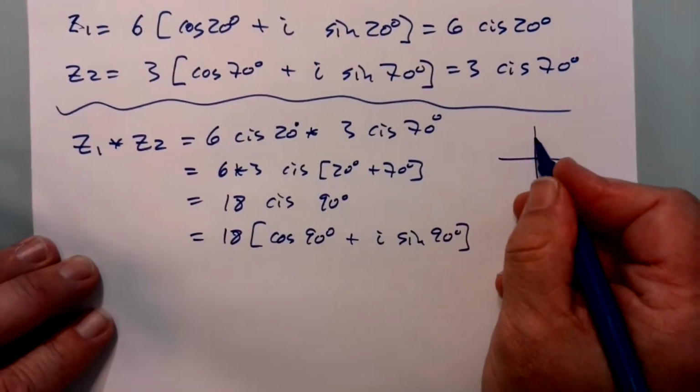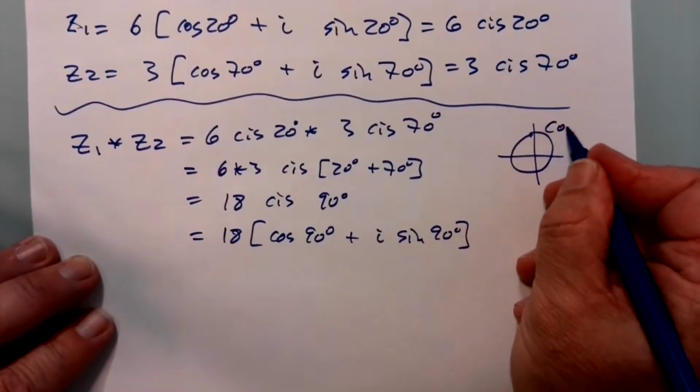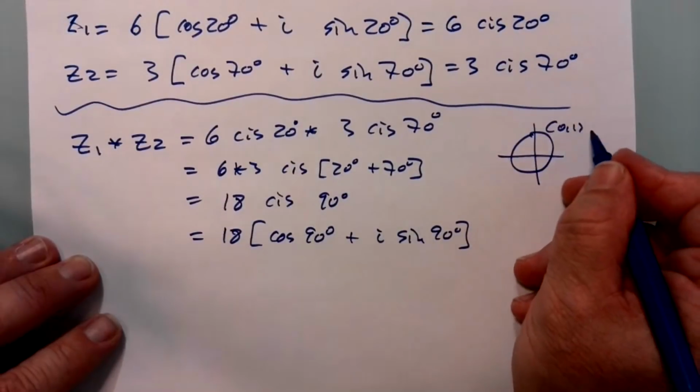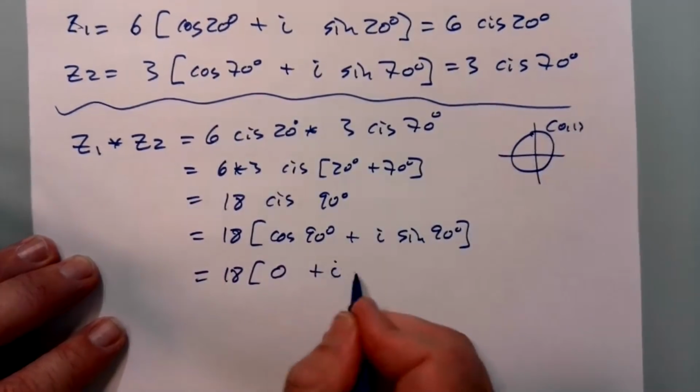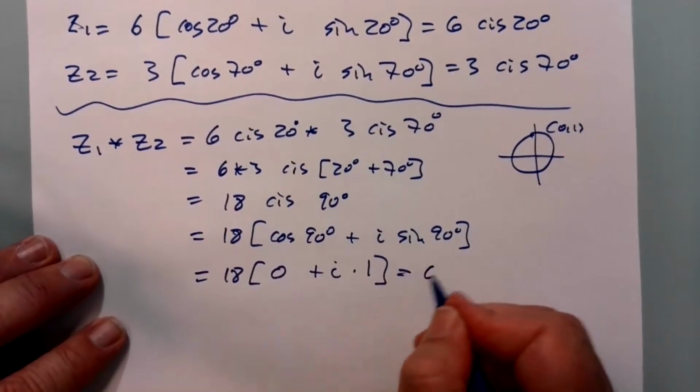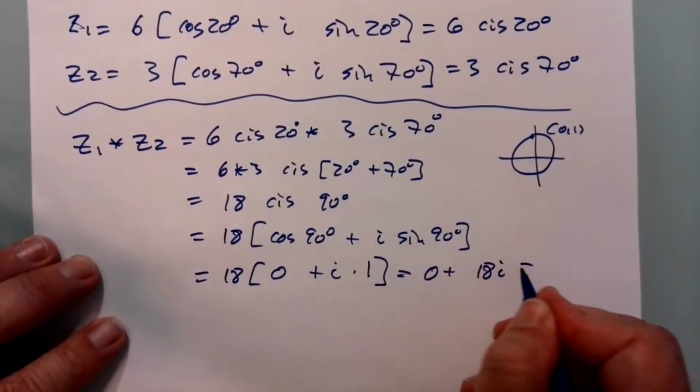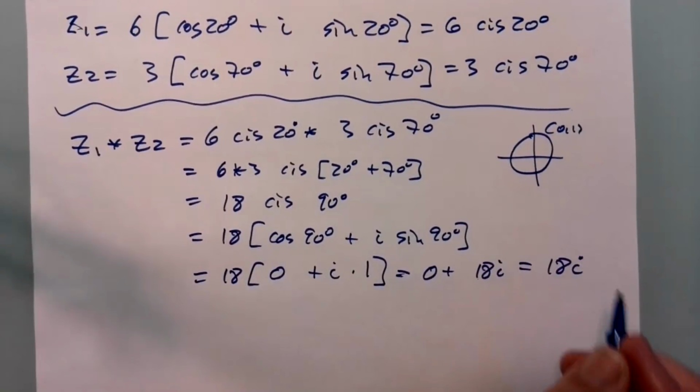Let's remember, where's 90 degrees? It's here. It's the point 0, 1. The cosine is 0. The sine is 1. So this is 18 times 0 plus I times 1, which is 0 plus 18I, or 18I.